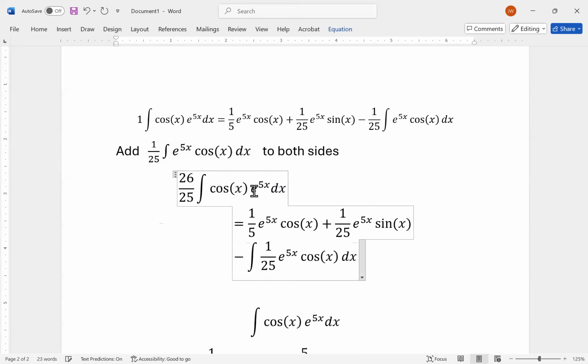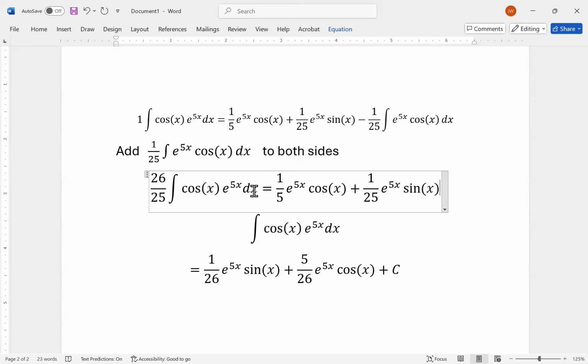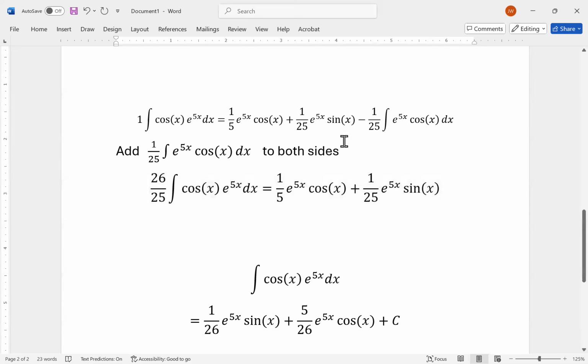On the right-hand side, that integration goes away. This piece goes away. And then what I would do is multiply by the reciprocal of 26 over 25. Excuse me, I misspoke. I'd multiply by the reciprocal of 26 over 25, which is 25 over 26.